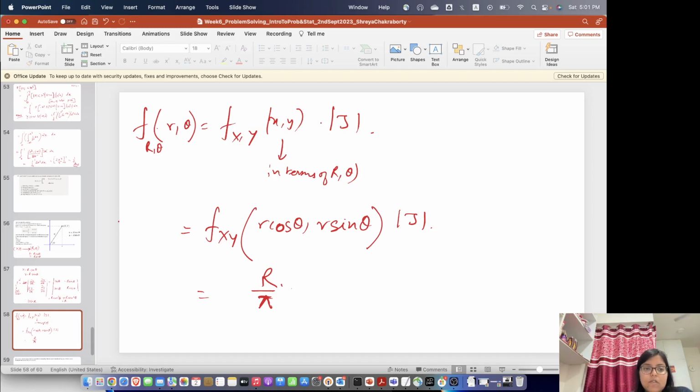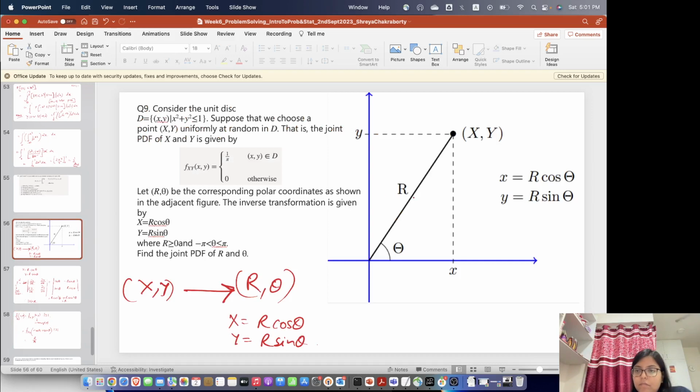Okay, so r can be greater than or equal to 0, and theta can be from minus pi to pi.